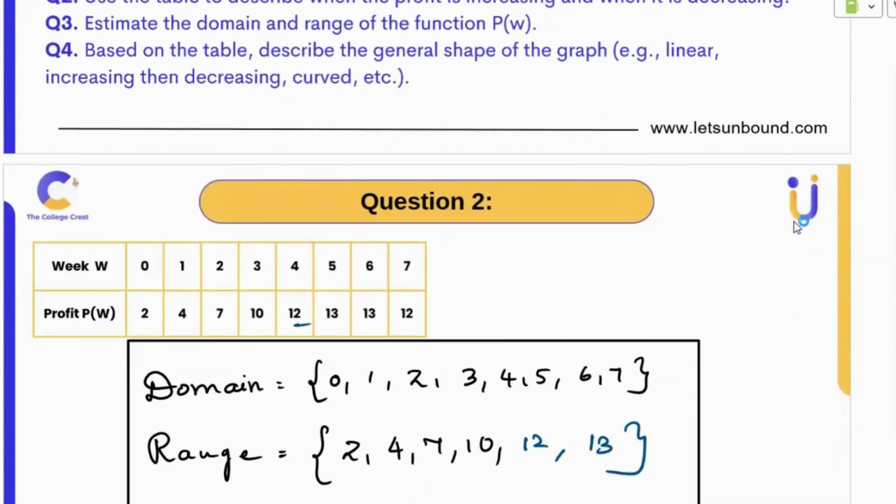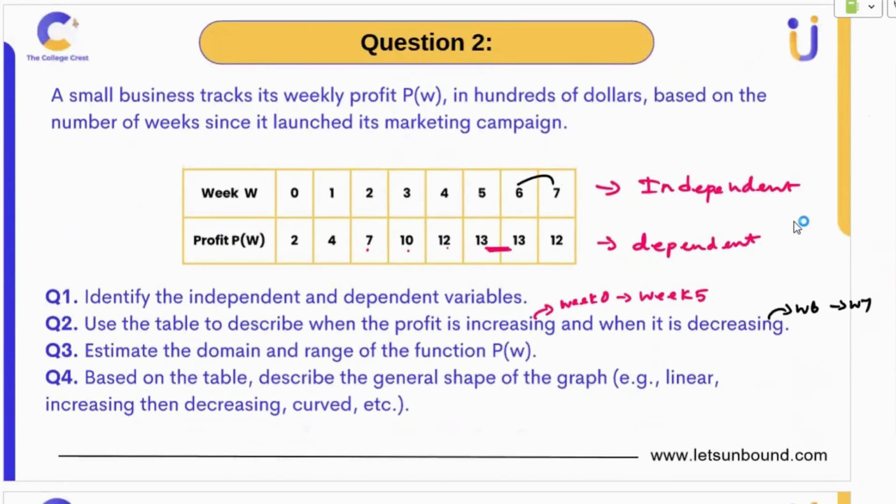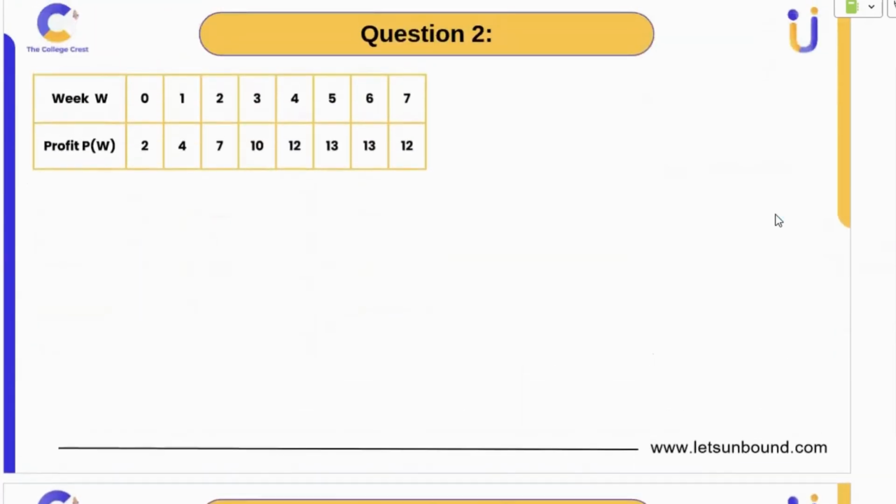Based on the table, describe the general shape of the graph. For example, linear, increasing or decreasing, or how it is based on your understanding. Okay, so is it linear first of all? Let's see. Linear means constant change. So profit, this is actually well spaced, right? So 0 to 1 week, 1 to 2, gap is 1 week.